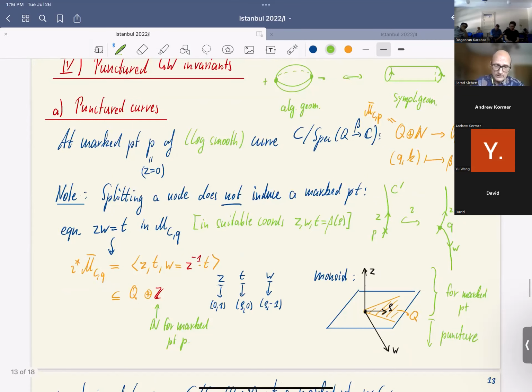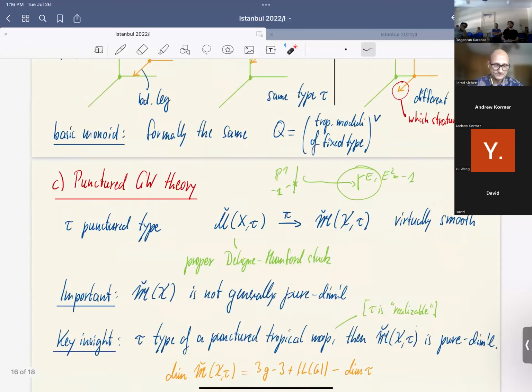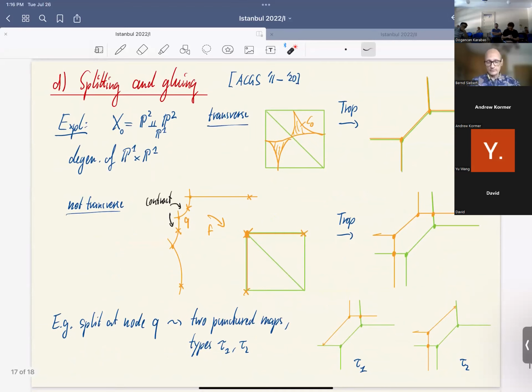If you split a node, you end up with a puncture. So that was the original motivation. And we struggled a long time, almost a decade, in getting this right. I skipped the frustrations. In the end, it's all beautiful and easy.